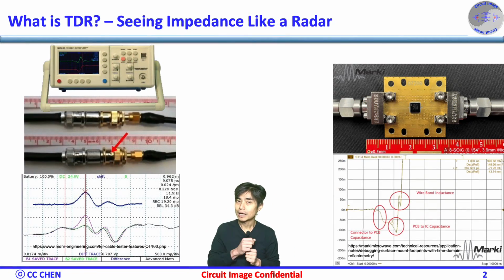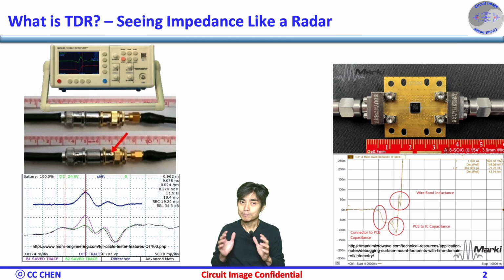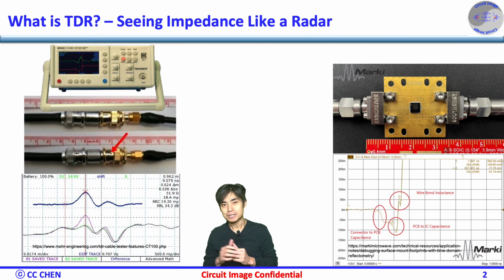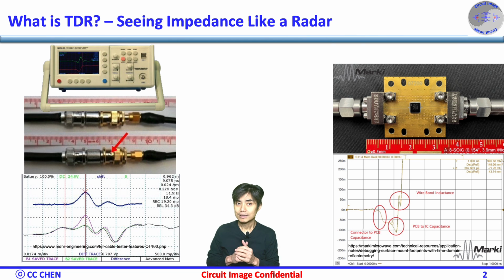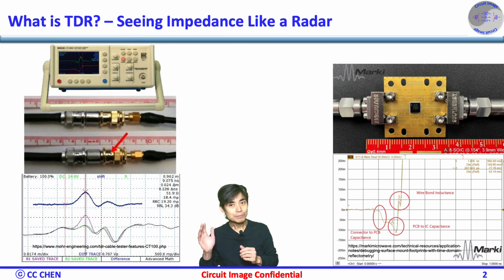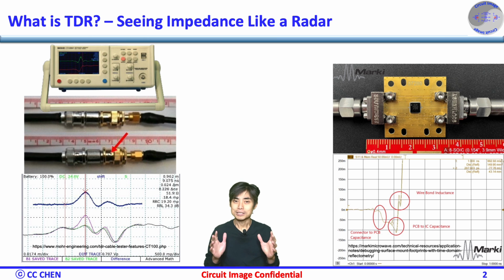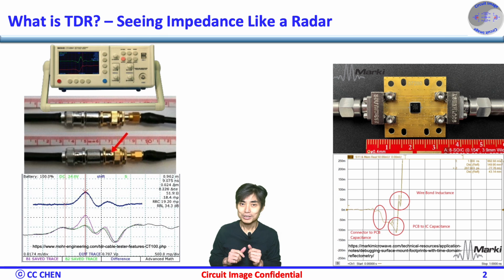TDR works like a radar for impedance mismatch in PCB traces, packages, and connectors. A fast edge is launched into the interconnect. Any impedance change, such as a via, connector, or trace discontinuity, reflects part of the signal.